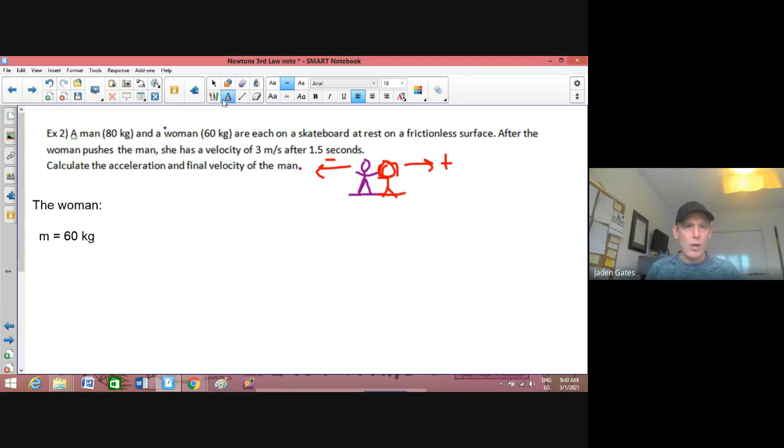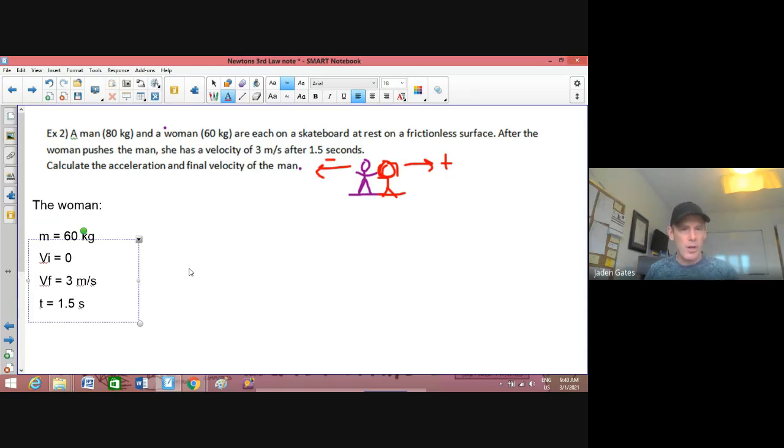We know her initial velocity, right? They're both at rest. We actually know both of their velocities. So VI is 0. VF is 3 meters per second, standard units. That's good. And the time that this push is going on for is 1.5 seconds. So that's how long they're in contact for.